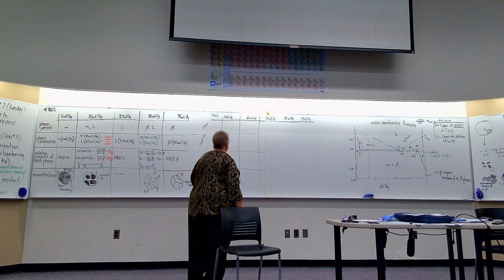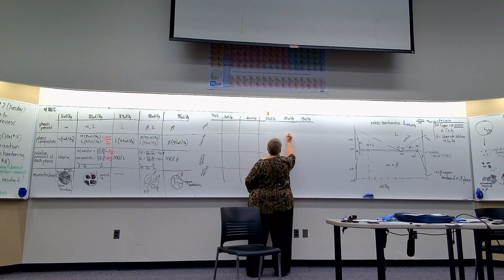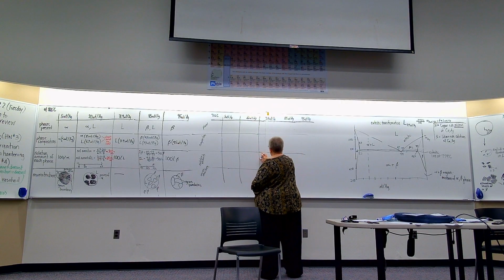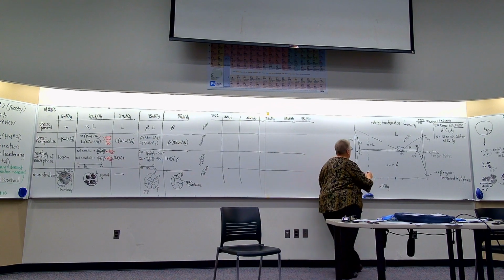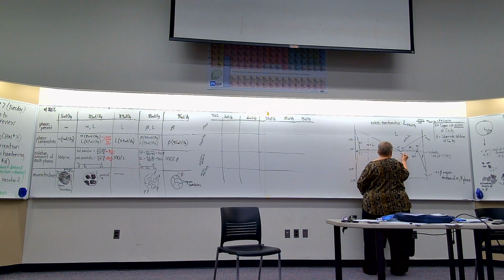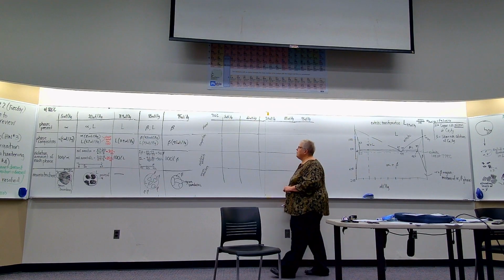All right, so again, starting with the eutectic at 700. Now I have alpha and beta.